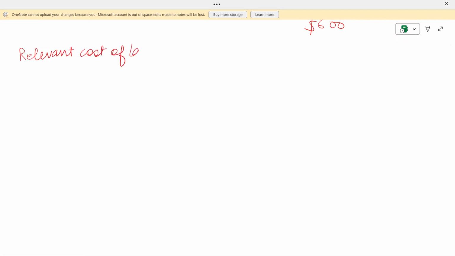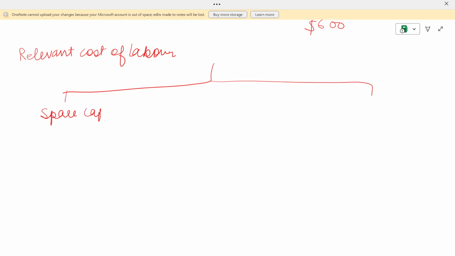Relevant cost of labor. When it comes to evaluating what cost you should take as relevant cost for labor, again, there are two broad scenarios. First of all, the labor may have spare capacity. Maybe you're paying your labor for 10 hours a day, and 2 hours they sit idle; only 8 hours of work is allotted to them. That means they have spare capacity.